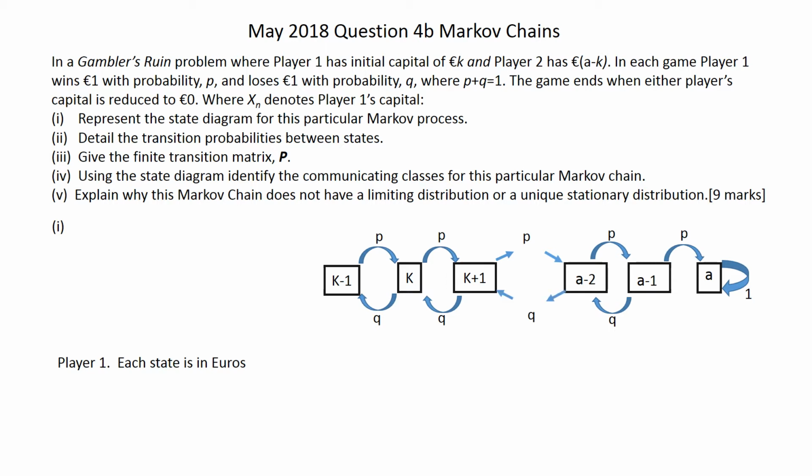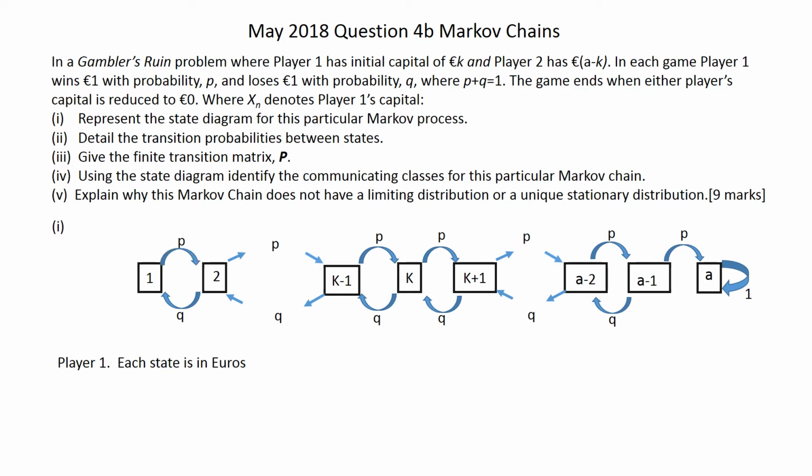Now, I just put in Q for losing, as they can lose over a range, or P for winning over a range. There could be an opportunity for the other player, player 2, to win, and player 1 could be down at €2. If they're at €2 and they lose with a probability Q, they will end up at €1.